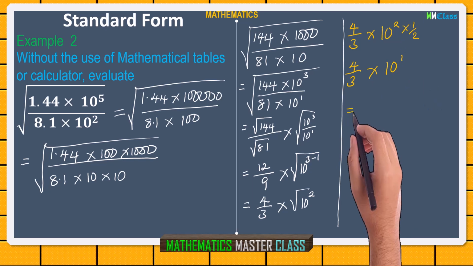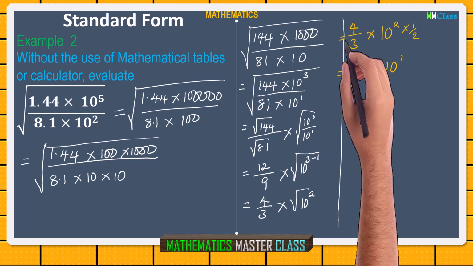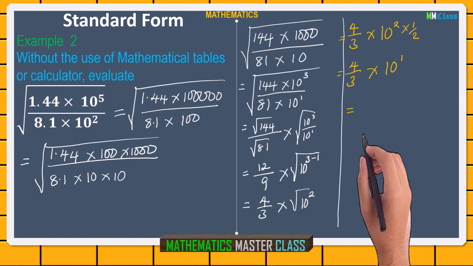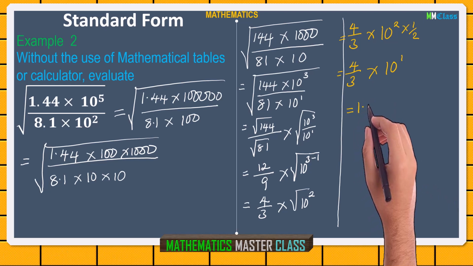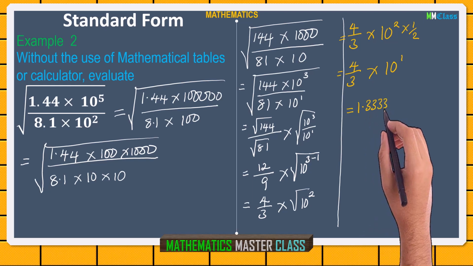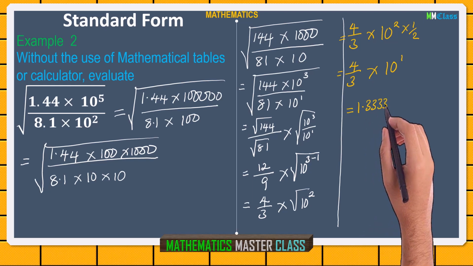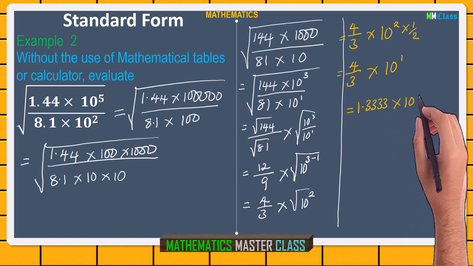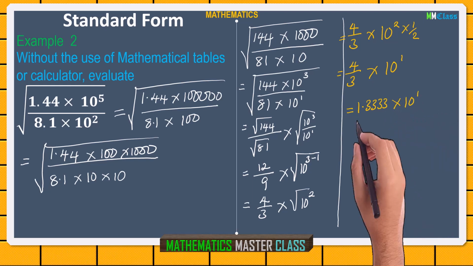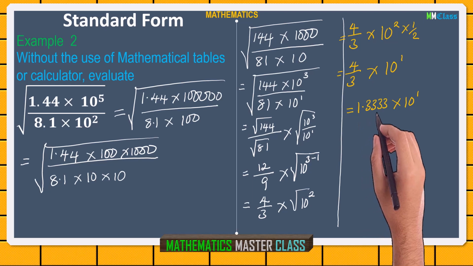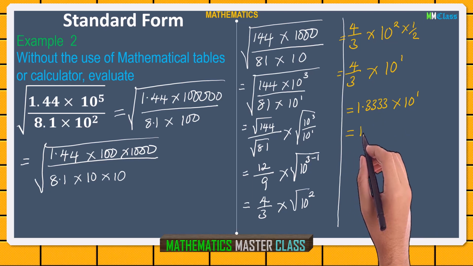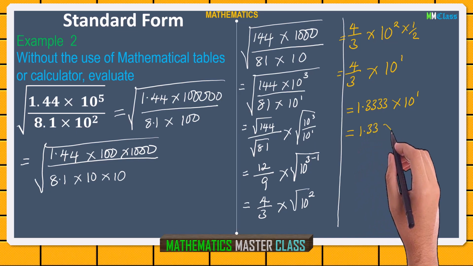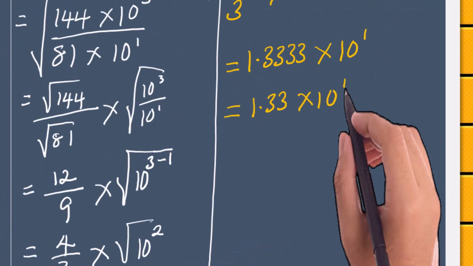So this will be equal to 4 divided by 3, which will give us 1.3333, a recurring fraction, times 10 raised to the power of 1. So finally, like we always do, we must approximate this to 2 decimal places. So finally, we now have 1.33 times 10 raised to the power of 1.